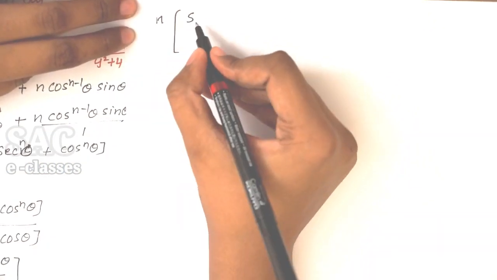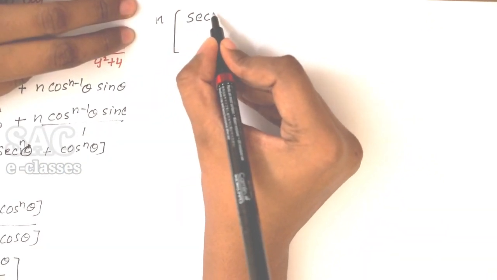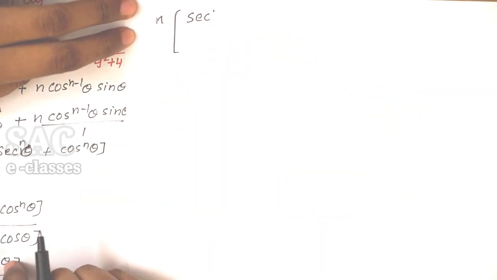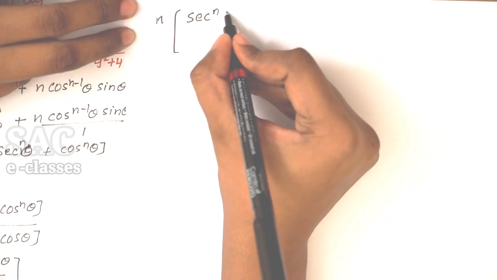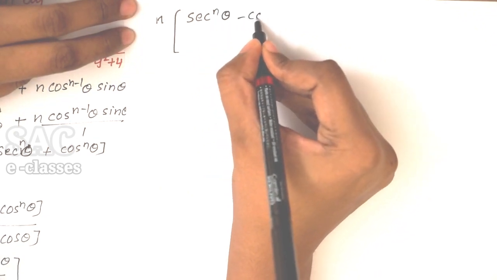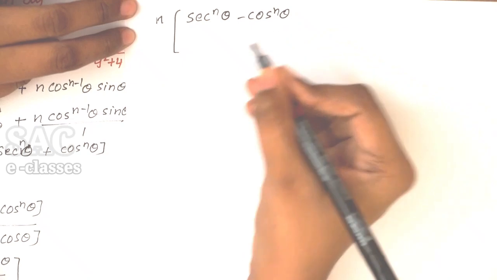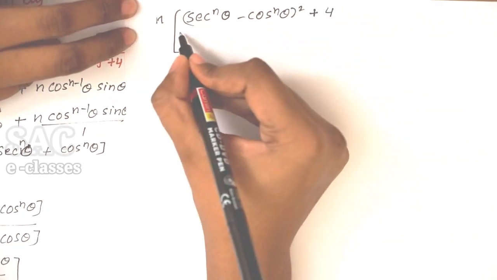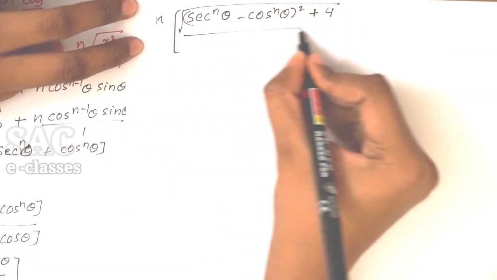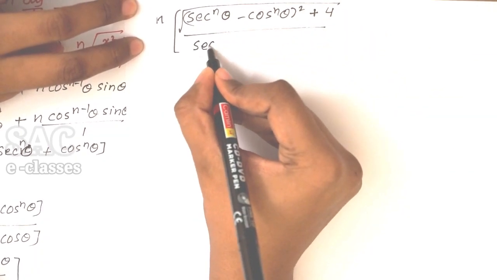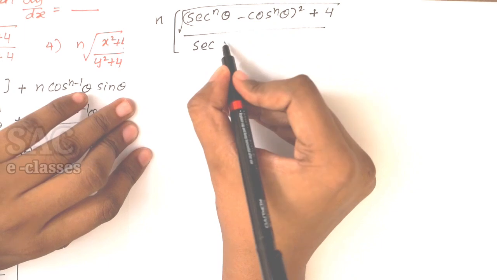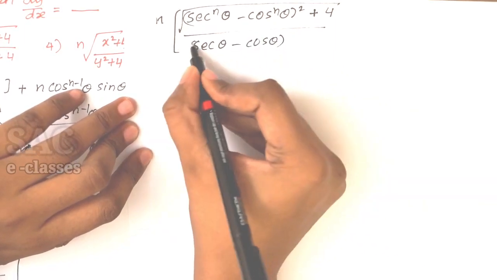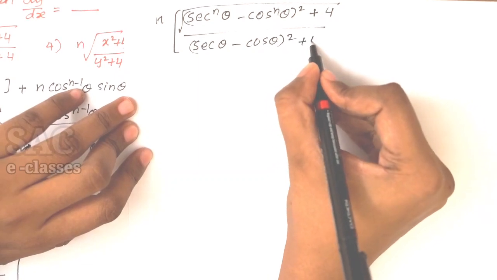Now we can express secant power n theta plus cos power n theta as root over secant power n theta minus cos power n theta whole square plus 4, and the denominator is root over secant theta minus cos theta whole square plus 4.